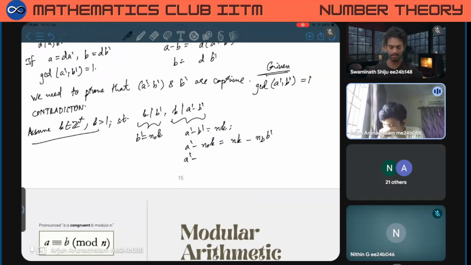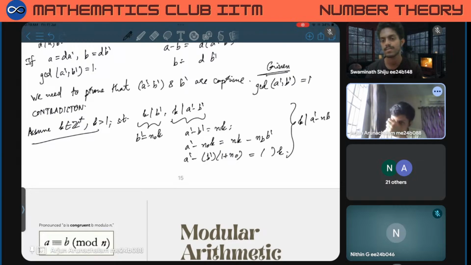So you basically have a dash minus b dash into 1 plus n naught is also some integer times k. So you have that k divides a dash minus nb dash as well, right?